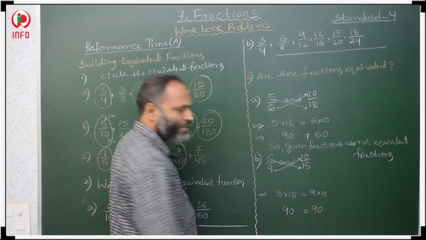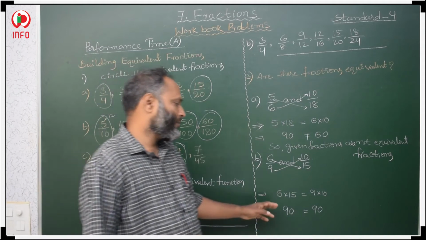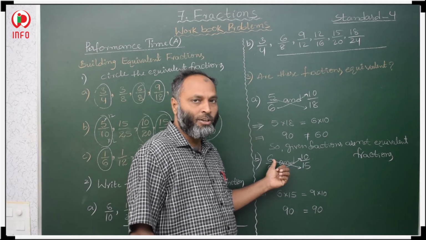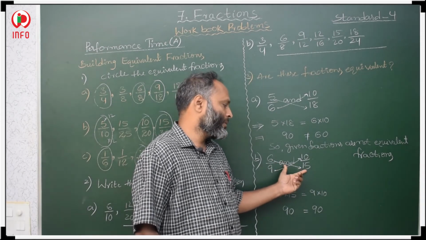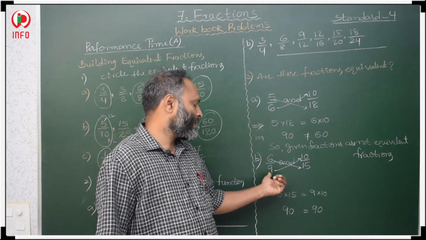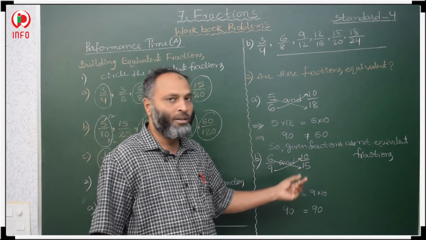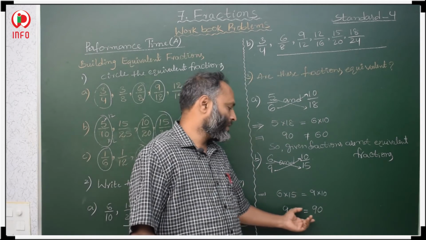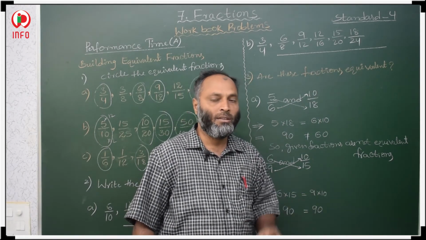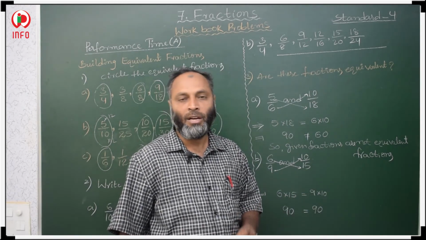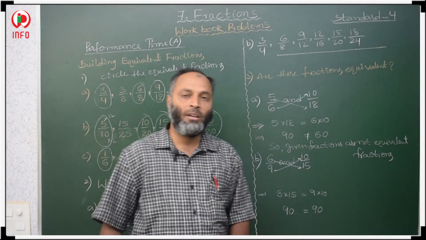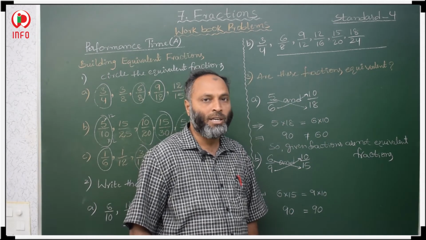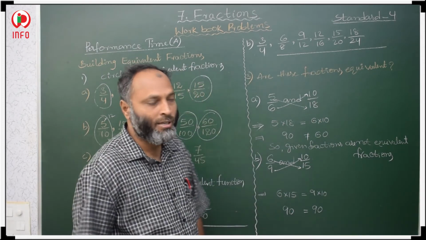Here it is equal. If you multiply the first fraction numerator with the second fraction denominator and the first fraction denominator with the second fraction numerator and the product is the same, then we can say that the fractions are equivalent fractions, otherwise they are not equivalent fractions. Here the product is the same, so these two fractions are equivalent fractions.